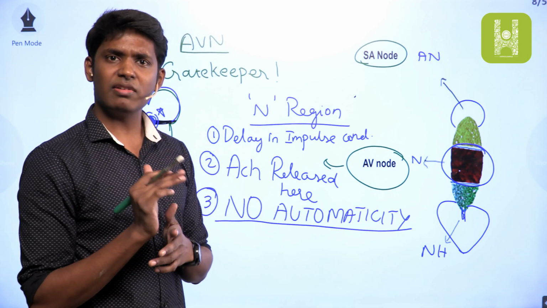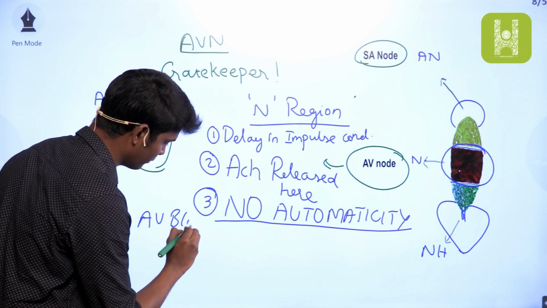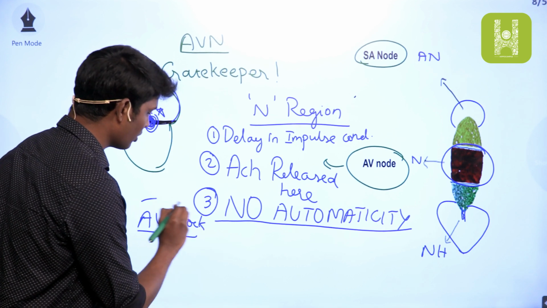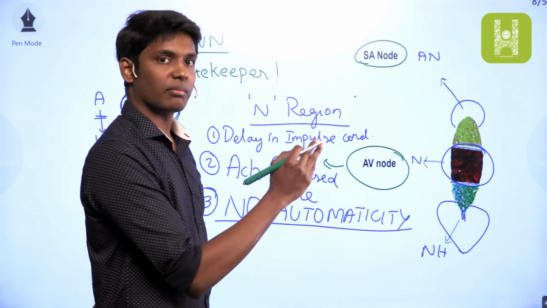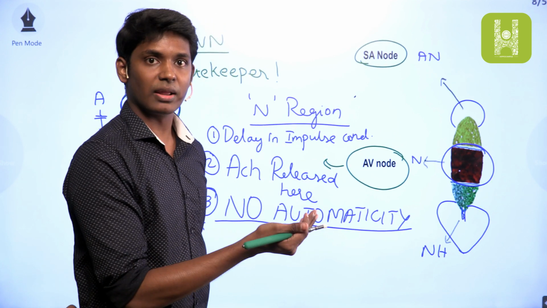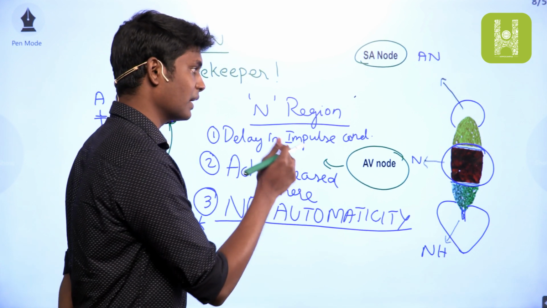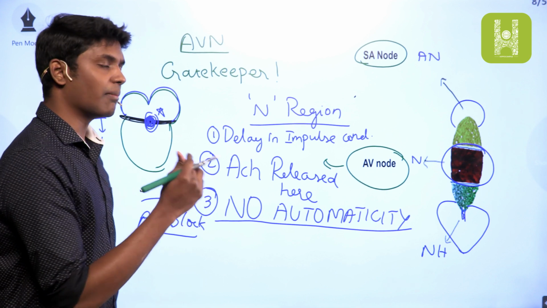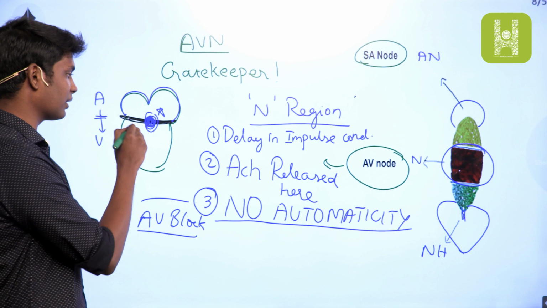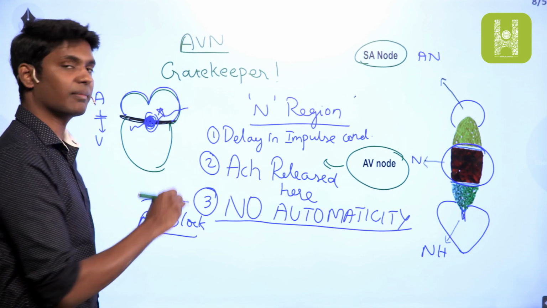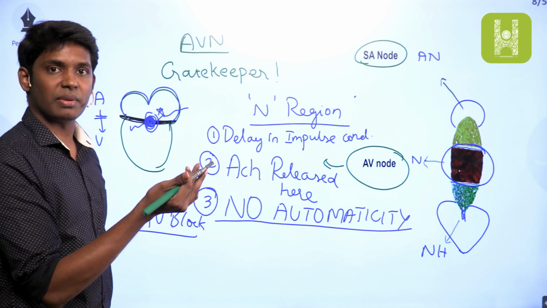There is a term called AV block. So AV block means there is delay in conduction of impulses from the atrium to the ventricle, which is more than normal. There are 3 degrees of AV block, which will be dealt with later in the bradyarrhythmia chapter. But you have to remember, when there is complete AV block, that is when there is no transmission of impulses from the atrium to the ventricle, when there is a complete blockade here, anything which is present below the AV node can become the dominant pacemaker.